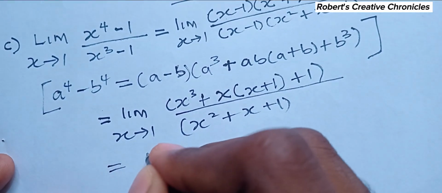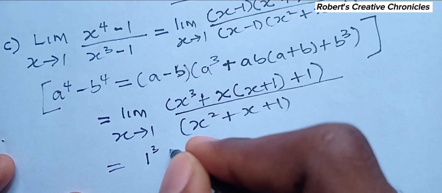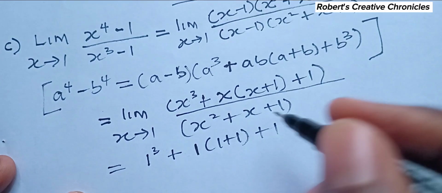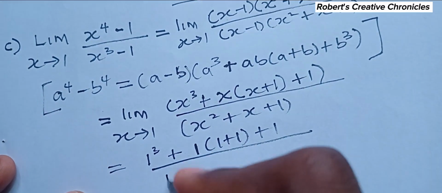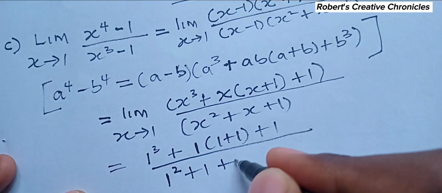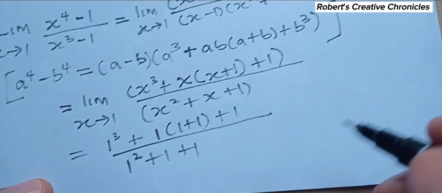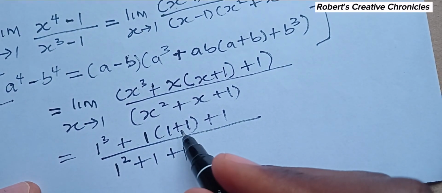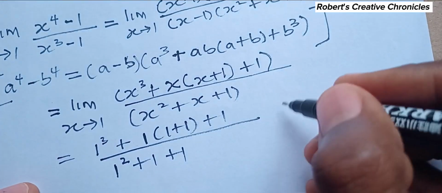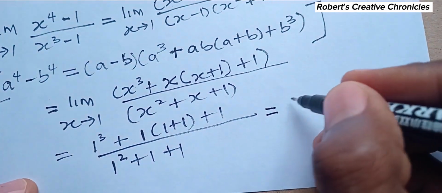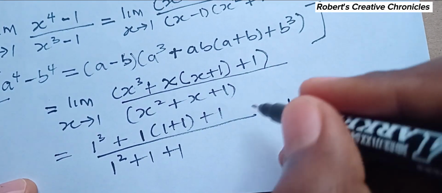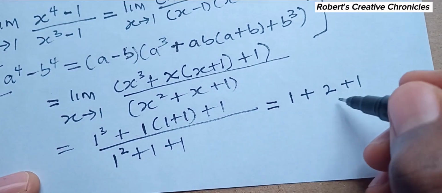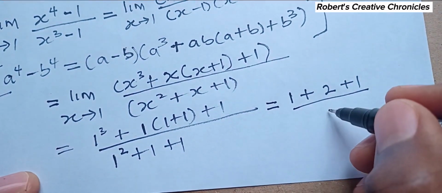It becomes 1 cube plus 1 plus 1 plus 1, over 1 square plus 1 plus 1. So now 1 plus 1 plus 1 is 2, 2 times 1 is 2 plus 1 over all this. The sum in the denominator is 3.